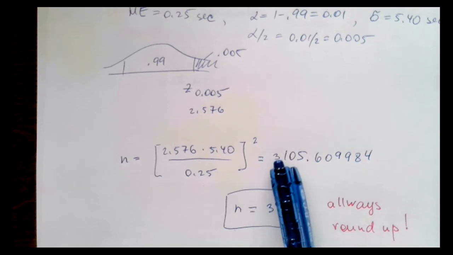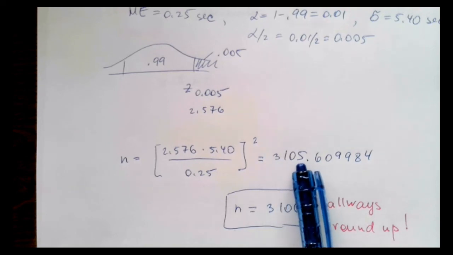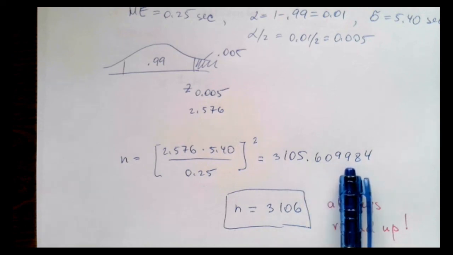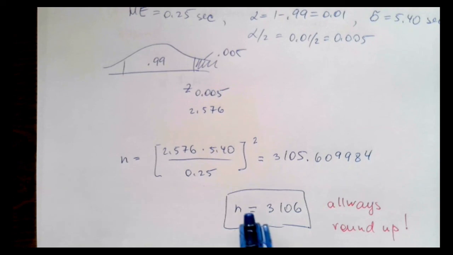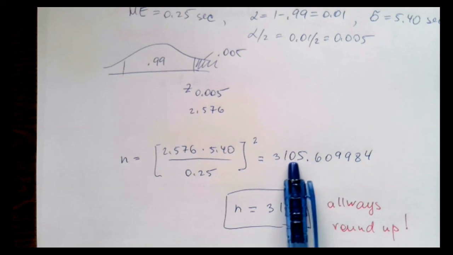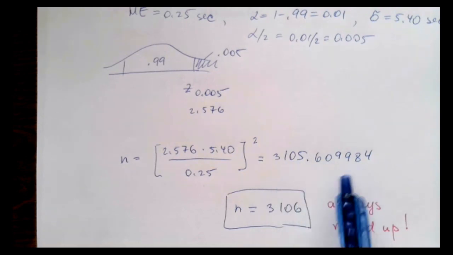So even if we had 3,105.0001, we would still give the sample size as 3,106. Our n should always be higher or equal to, if we get a whole number here, the actual decimal value that we got.